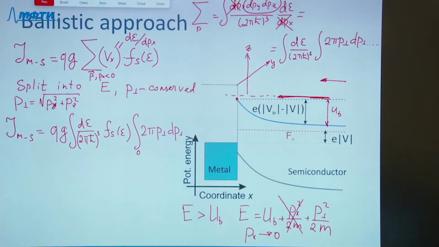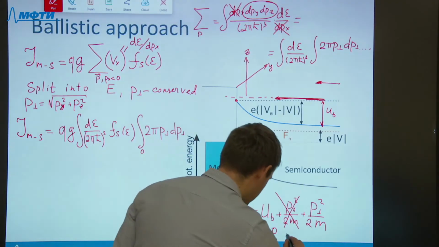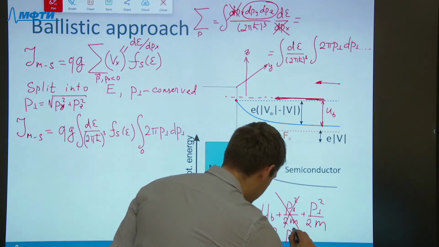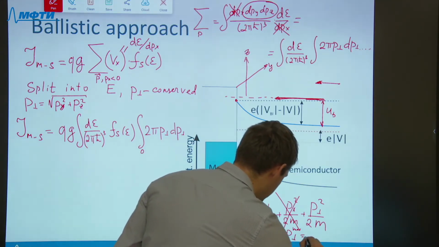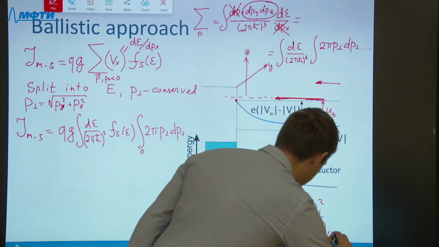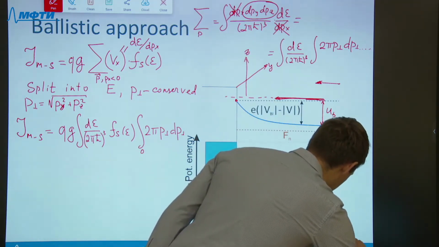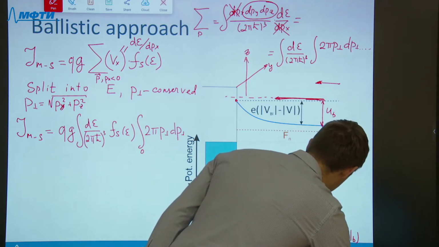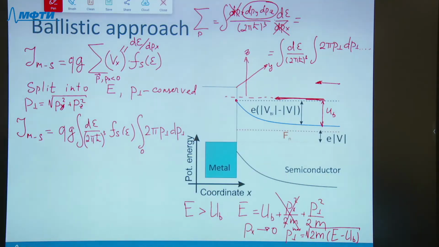Then its transverse momentum, p transverse maximum, would be equal to the square root of 2m multiplied by the energy reckoned from the barrier height. This is the expression for the maximum transverse momentum.